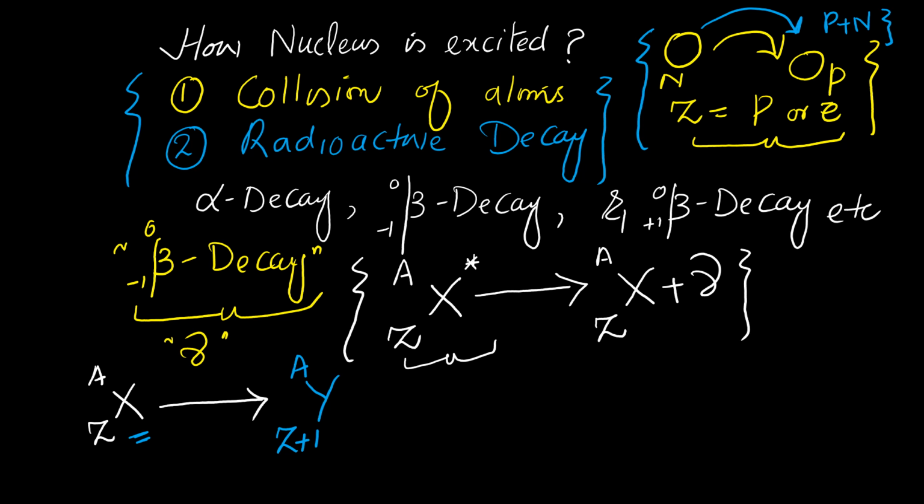And in this way they will release beta particles, and along with the beta particle gamma rays will be produced. So in this way, in a beta decay, gamma radiations are produced.